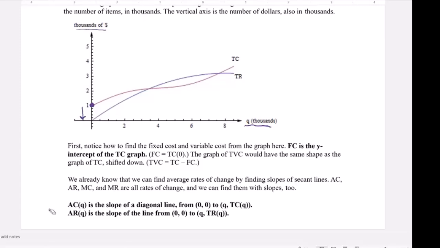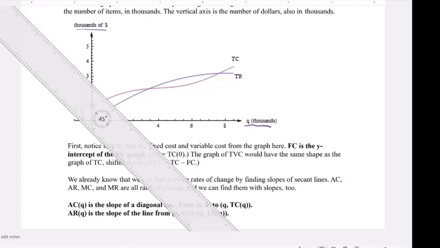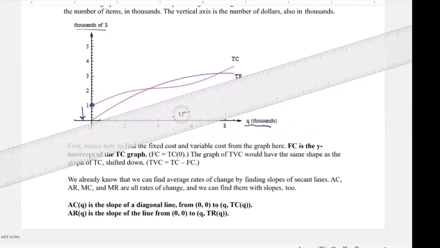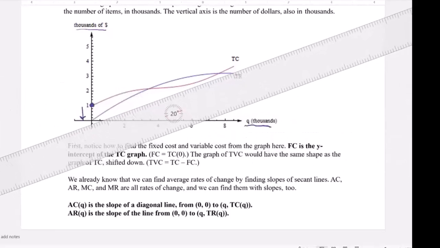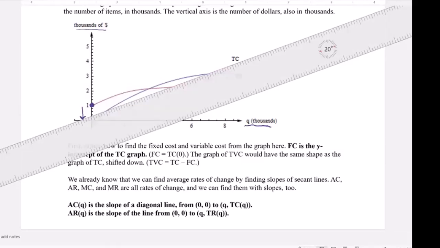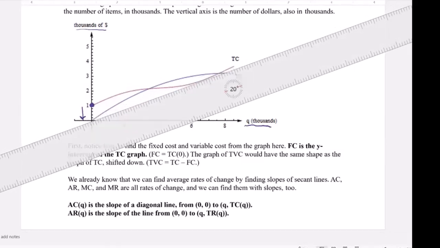All right, that's going to be a hard one. Maybe I'll use the ruler. So the average cost is going to be from 0, 0 to Q, TC of Q. Basically depends on how many things I sell.